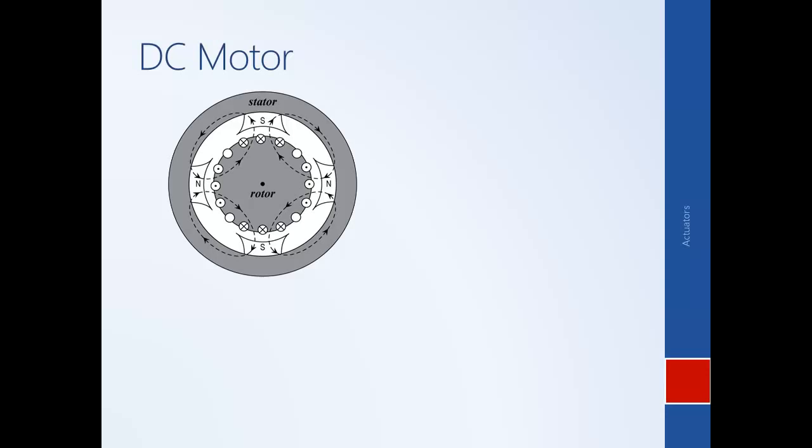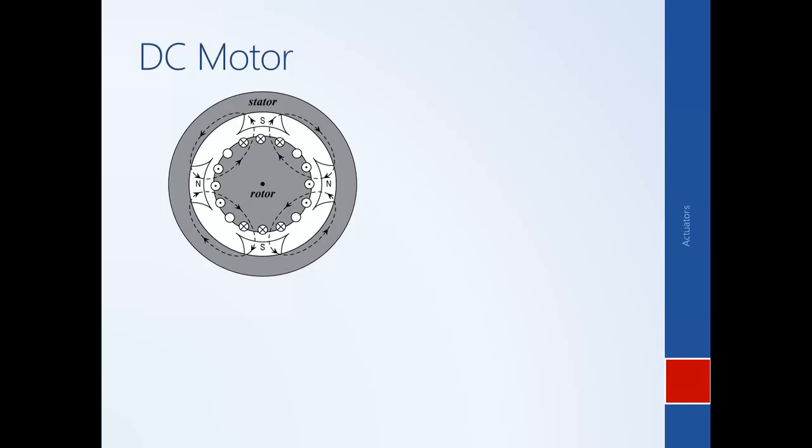In the previous example, we basically only had two magnets, a magnet with a north pole pointing towards the center of the motor, and a magnet with its south pole pointing towards the middle of the motor. This DC motor is what we call a four-pole motor because it has four magnets. It has two magnets with their north pole pointing towards the middle and two magnets with their south pole pointing towards the middle. And these four magnets interact to create these magnetic fields shown by these dashed lines.